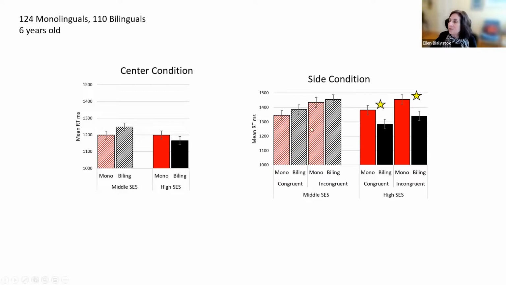And here's where it's interesting. In this condition, for the middle, which is our lower SES, none of these are different from each other. But for the higher SES kids, the bilinguals are suddenly way better. And they're better for both congruent and incongruent trials. They're faster. They can resolve the conflict more efficiently.